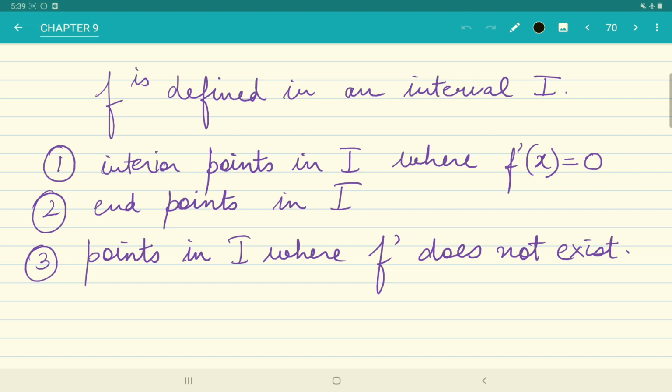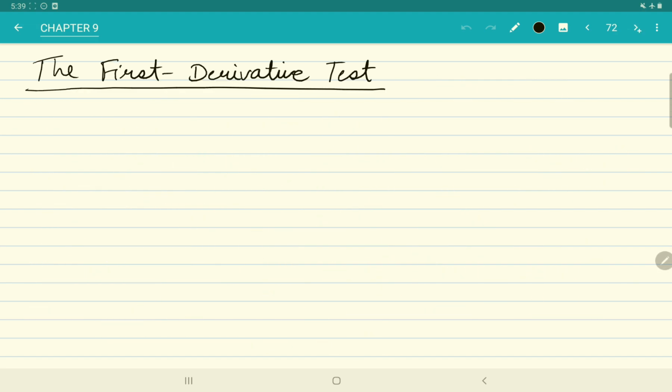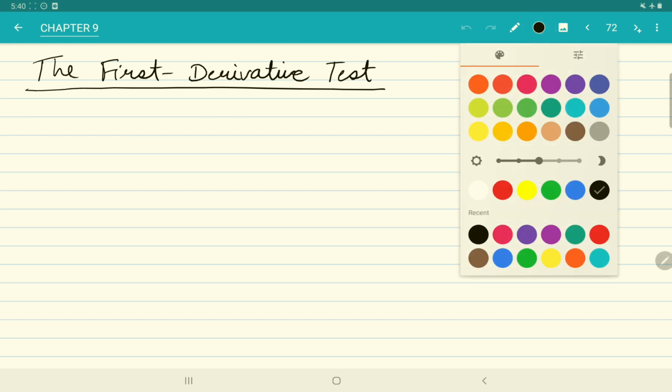So now what we do is we take up the first derivative test, wherein we consider a differentiable function, and we are concerned about a local extreme point in the interior of the domain of that differentiable function.